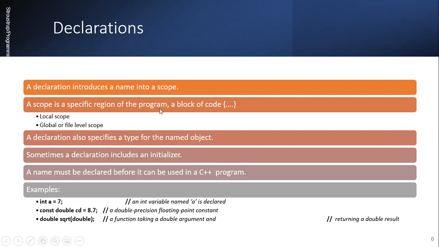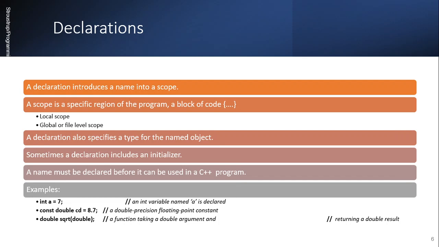Local scope is a scope that is restricted or limited to a particular block of code. Global or file level scope is when a declaration is at the level of the file, outside any function, outside the main function, outside any other function that you might have defined.